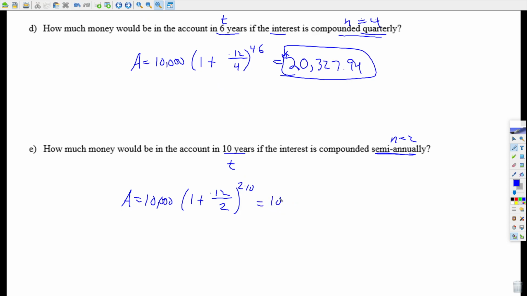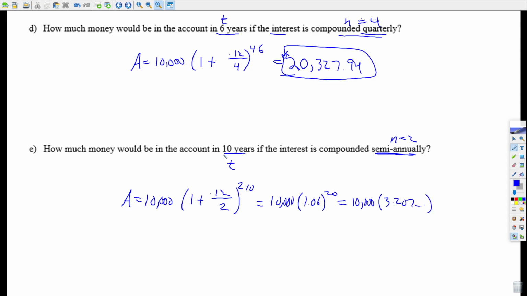Maybe I'll write this one out a little bit more. So $10,000. And then the inside parentheses, you're going to do 0.12 divided by 2, which is 0.06 plus 1. So it's going to be 1.06 raised to the 20th power. So 10,000 times, got to raise that to the 20th power. 3.207, and it goes on.